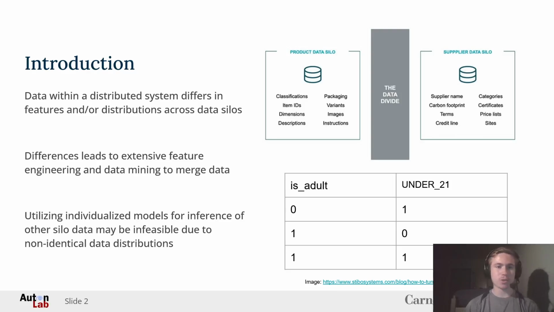Utilizing these individual models from the individual data silos for inference of other silo data, it might be just not feasible because the distributions may be different from silo to silo.